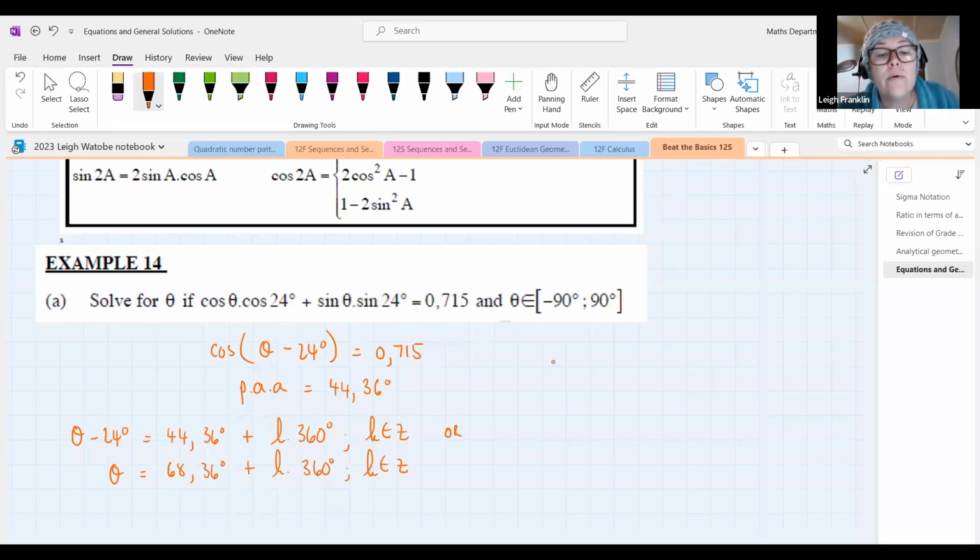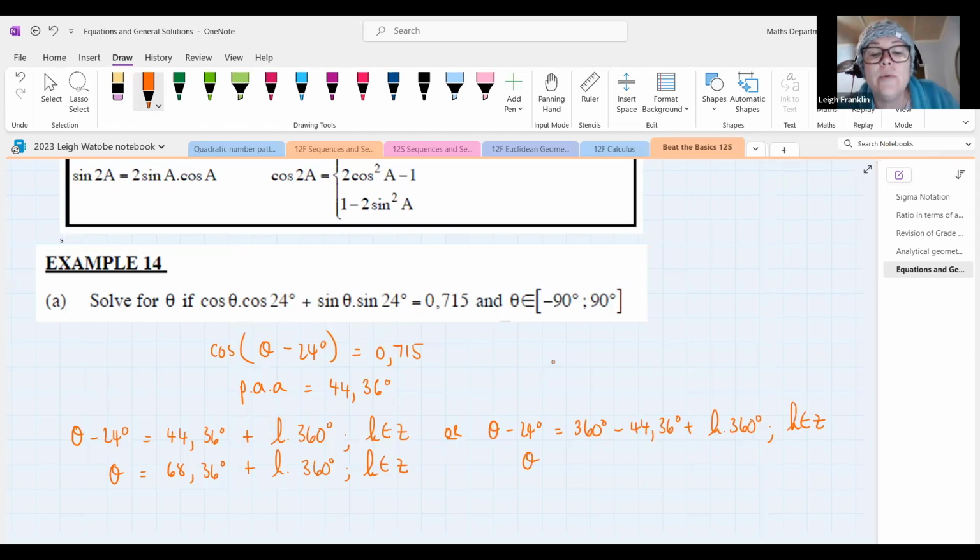The other place where cos theta is positive is quadrant 4. So our angle theta minus 24 is equal to our reduction formula for the fourth quadrant, 360 minus our PAA of 44,36 plus k times 360, k is an element of the integers.